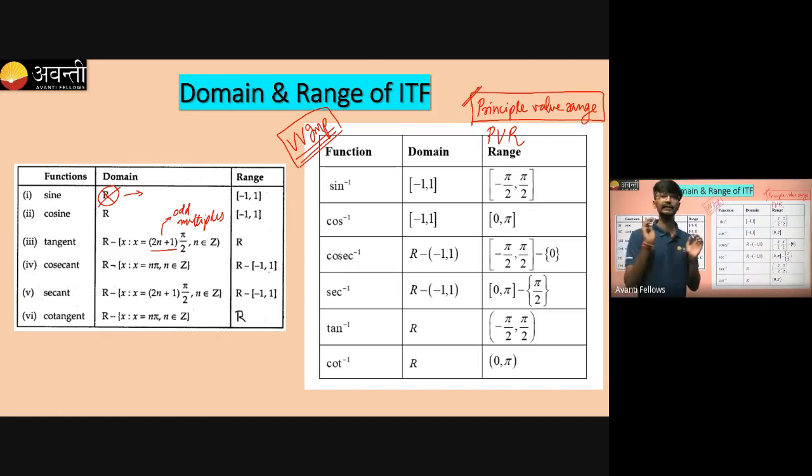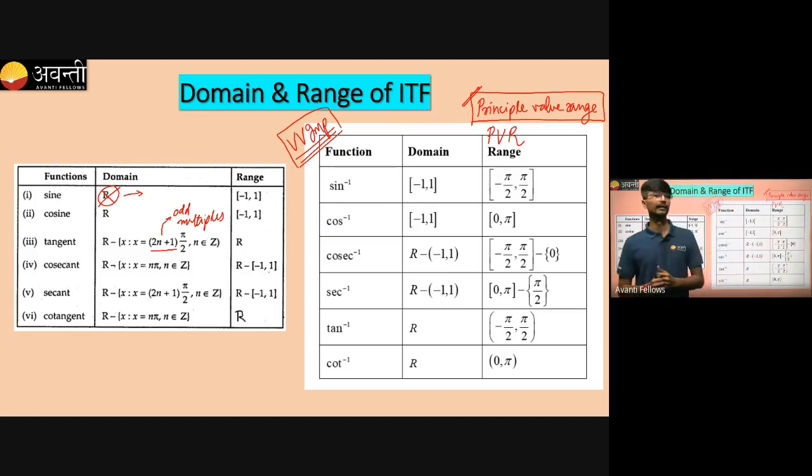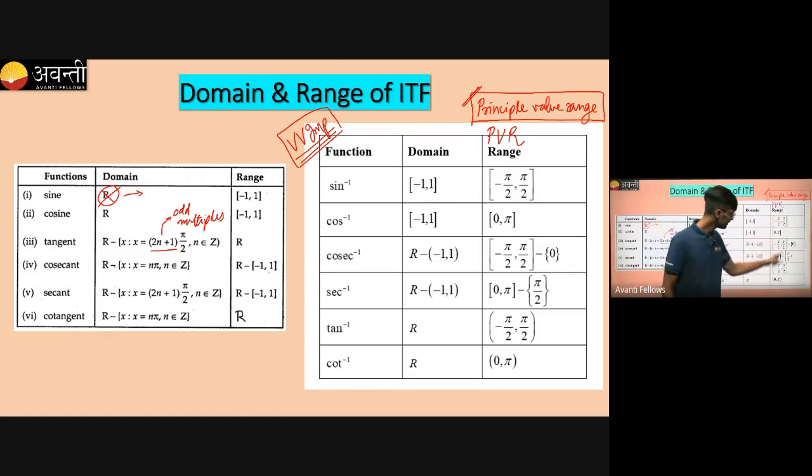Yes, 60 degrees. Now we have to check that it belongs to minus pi by 2 to pi by 2. So 60 degrees obviously comes in this range, -90 to +90. So 60 degrees will be my answer. We have to make sure that whatever answer we give lies in this range.